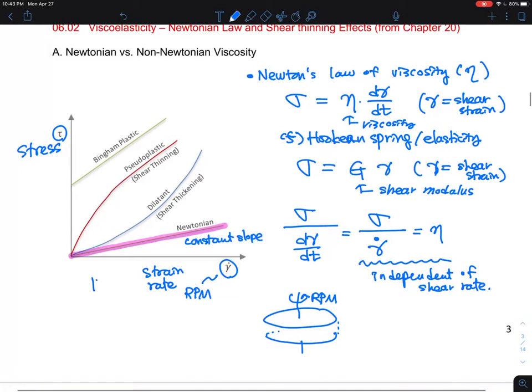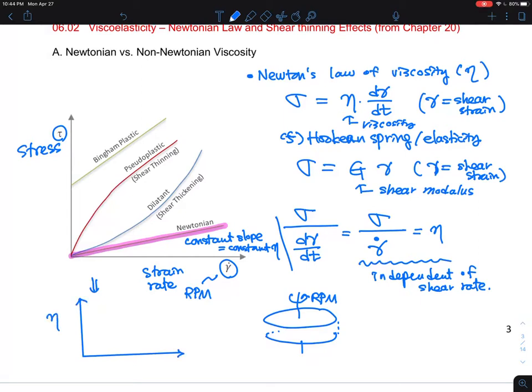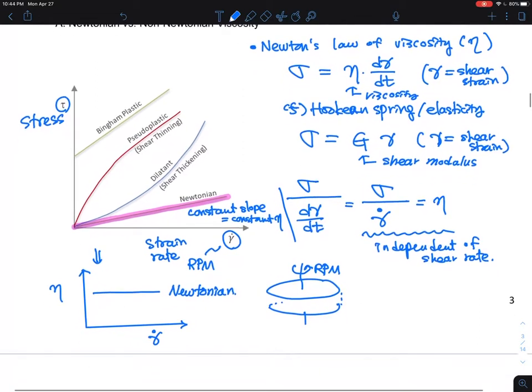So that means constant viscosity. Therefore, when you do the experiment, you will see that the viscosity versus strain rate is flat, independent of the shear rate. So that's what is called a Newtonian.